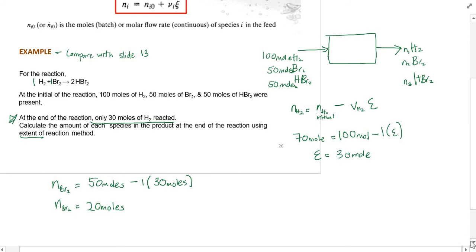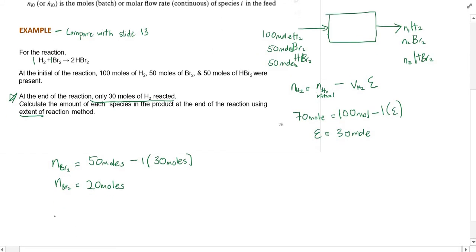Then, same thing, you can calculate for hydrogen bromide. N HBr is equal to the initial number of moles of hydrogen bromide, 50 moles. Since hydrogen bromide is the product, you need to put plus. So be careful with the sign here. The stoichiometry ratio is 2, so make sure you put the number 2 here, and the extent of reaction is 30 moles.